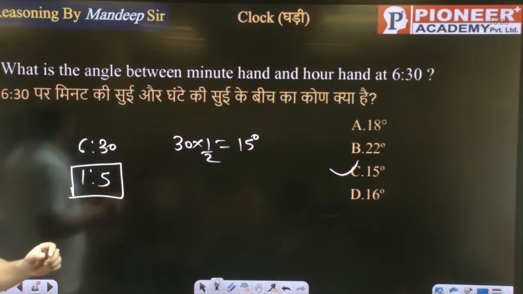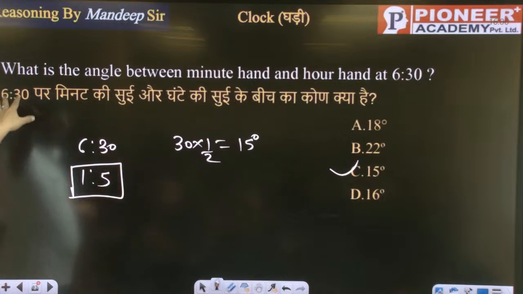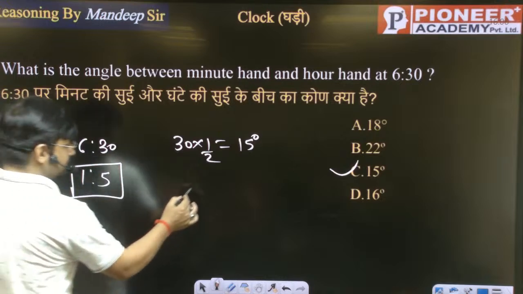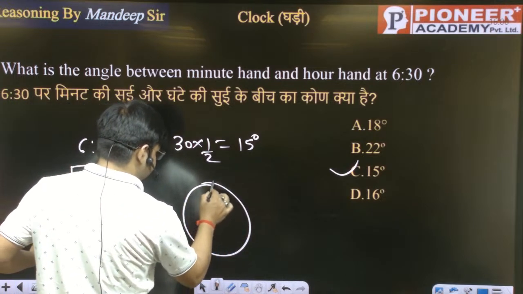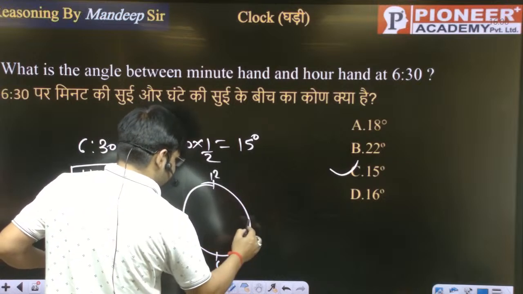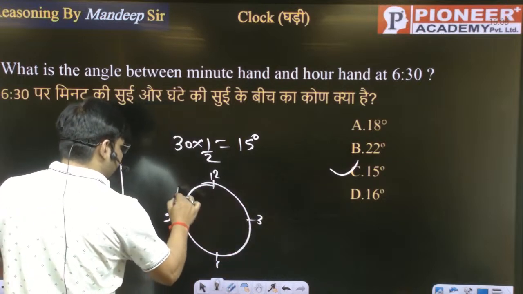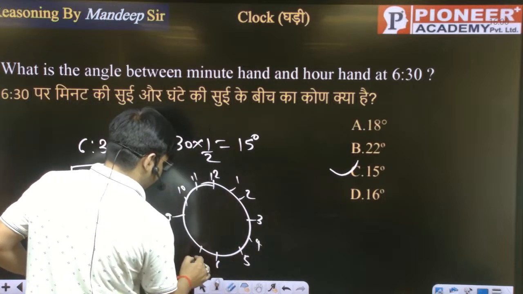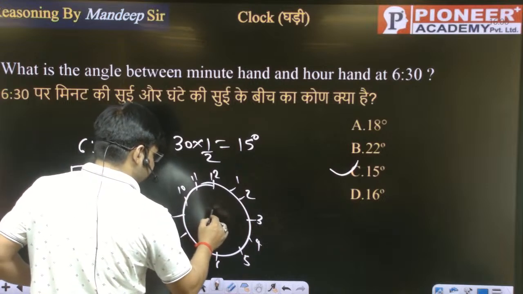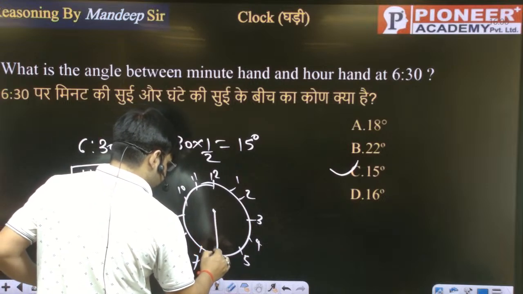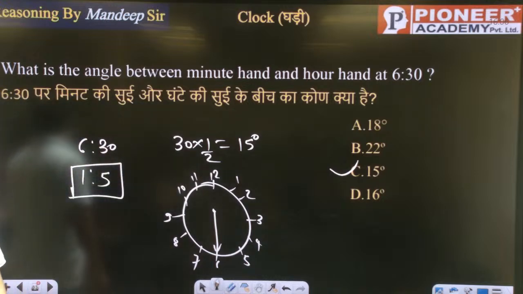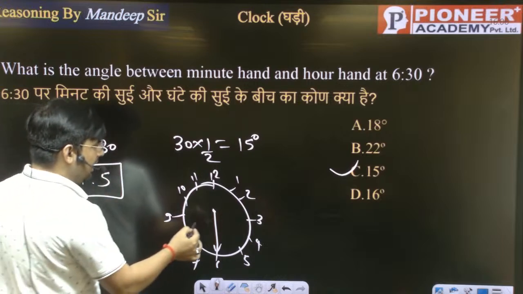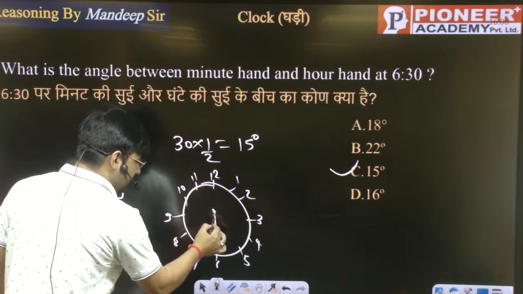He is asking about when the minute hand and hour hand are at the same place, just like at 6:30. When the clock is showing 30, the minute hand is at the 6th number, and let's assume the hour hand is at 6.